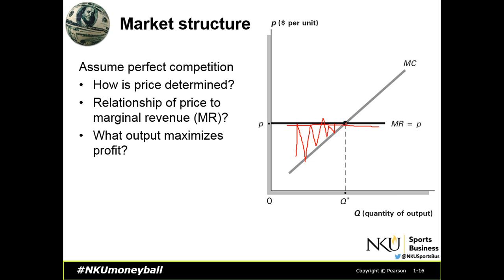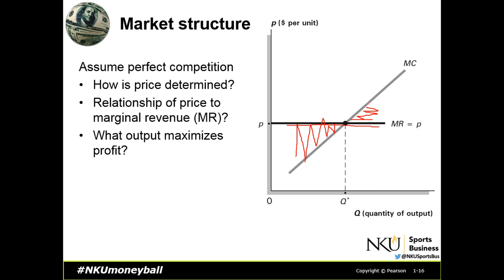However, once I get past this point where marginal revenue equals marginal cost, anything that I sell out here in terms of quantity, I still have to sell at this price, because remember, this is perfect competition. I can't determine the price. It's determined by the marketplace. I'm selling it, this is my marginal revenue, but at this quantity of output, my marginal cost is up here.